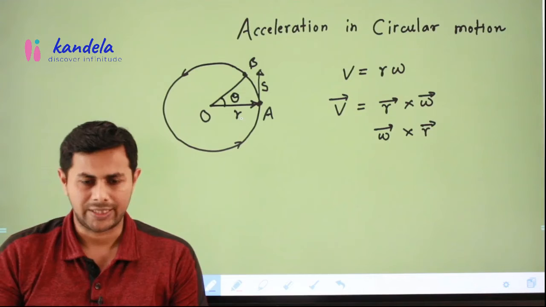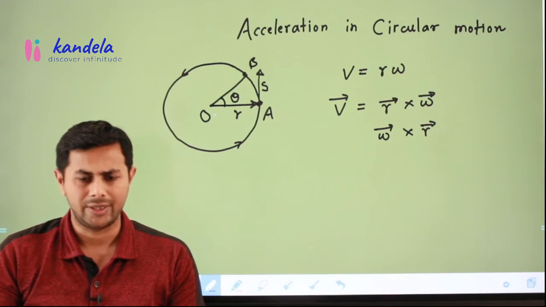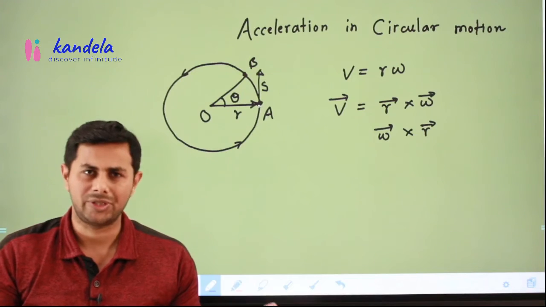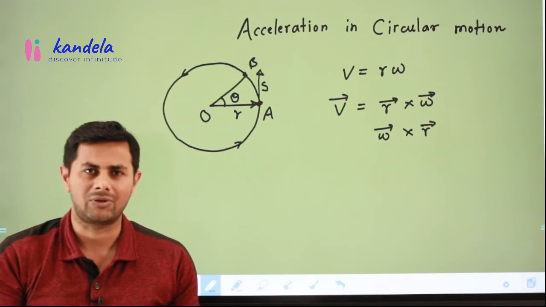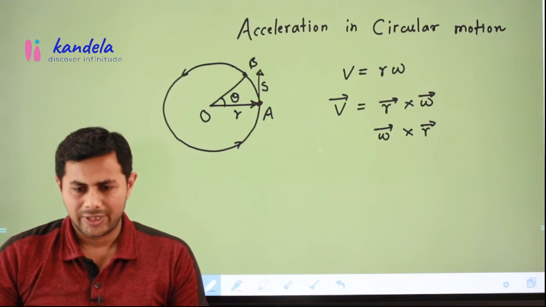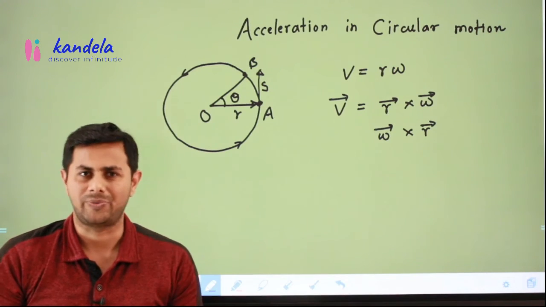What is r bar? It's a vector directed from the center of the circle to the position of the particle. It is called the position vector or radius vector, and omega bar is our angular velocity vector. Let's try to find out which relation is correct.